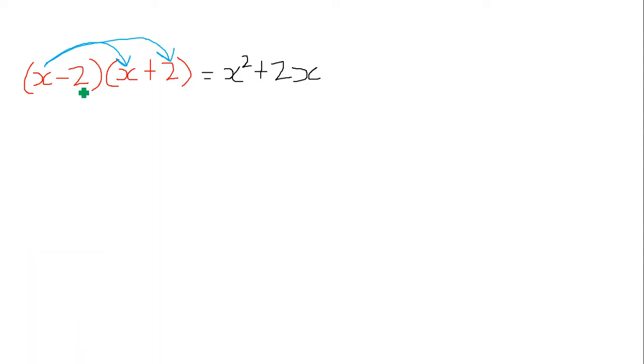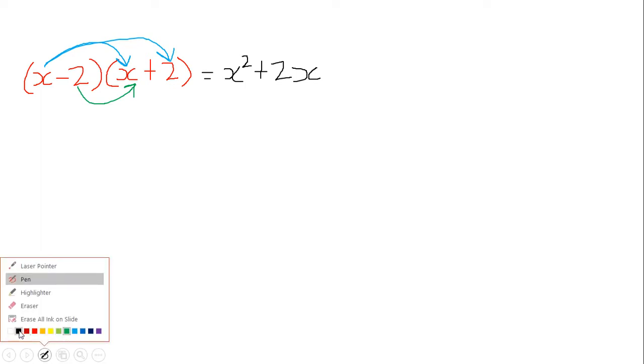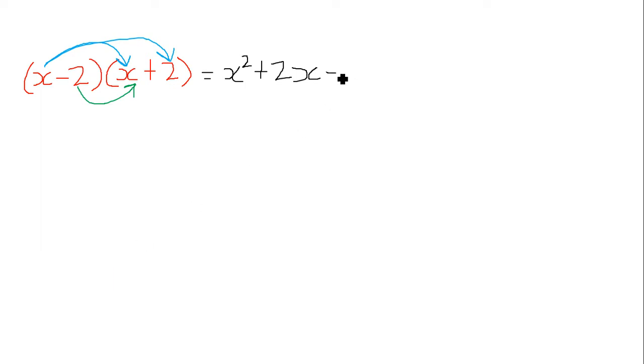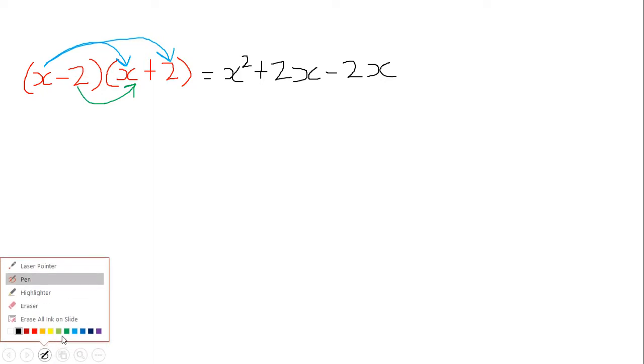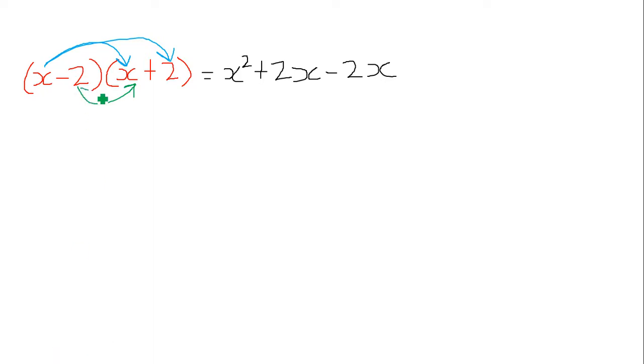And then we take the negative 2, multiply that by the x. So negative 2 times x is going to be what? Negative 2x. And then we take this negative 2 and we multiply it by this positive 2. Gives us what? Negative 4.